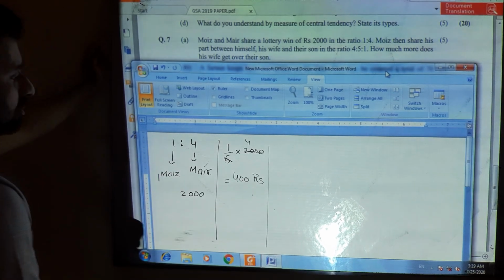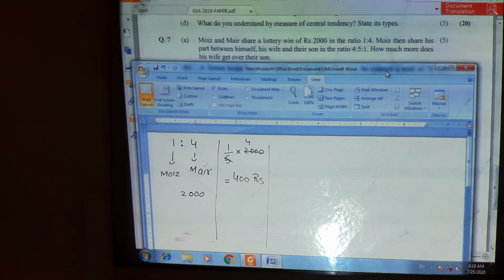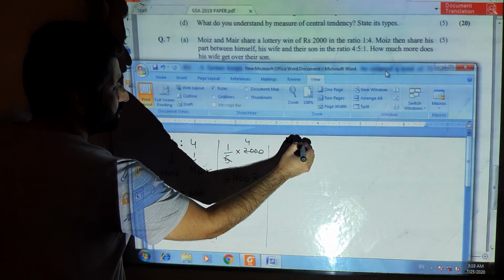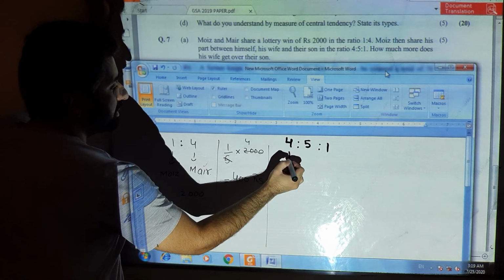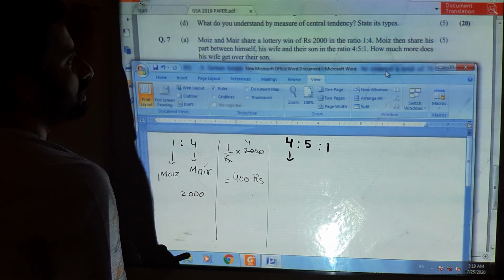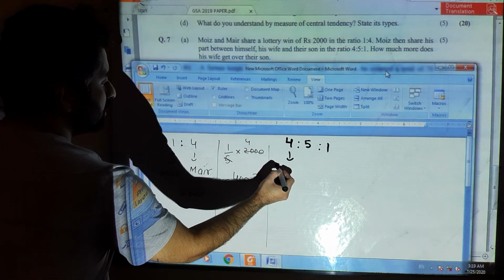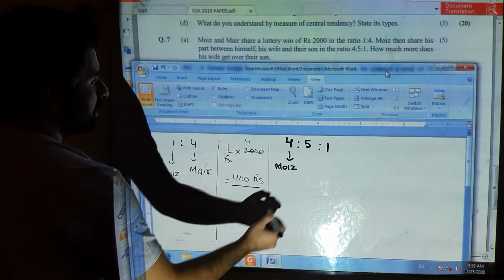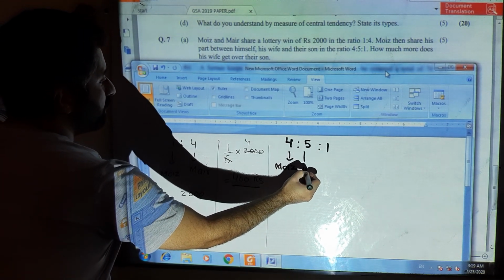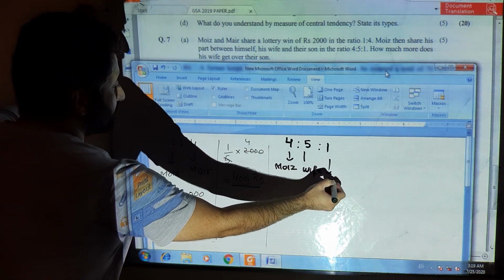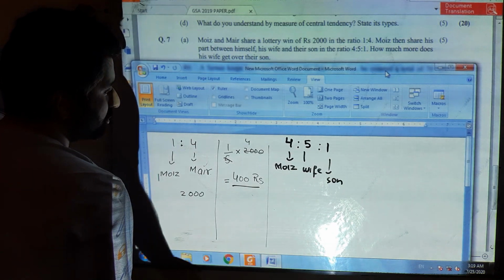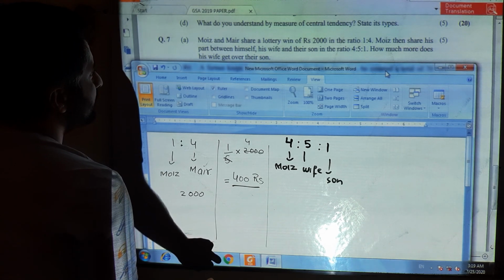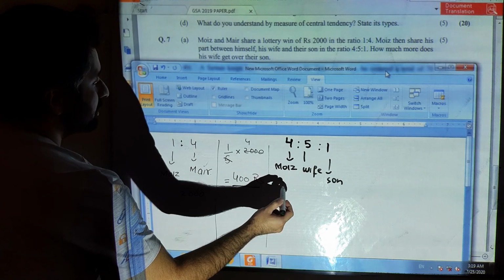Now whatever Muiz got, he is going to share with his wife and son, and the ratio is 4:5:1. Let me tell you what 4:5:1 is. This is the further sharing of the amount Muiz got between Muiz, his wife and his son. The parts are in front of you. How much more does his wife get over their son?